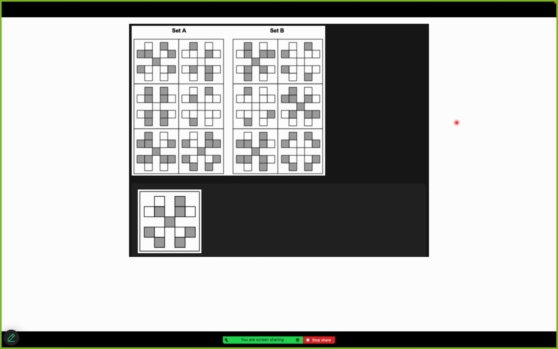There's not really any patterns that I can see. I mean, a few of them have lines of symmetry, but then some don't, so that doesn't really work. Yeah, not everything has got the symmetry.